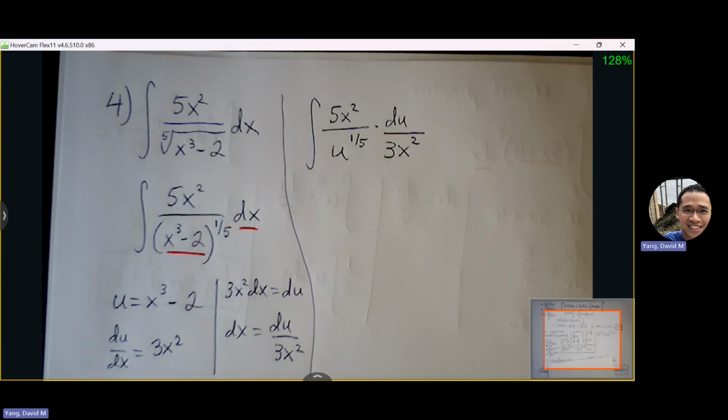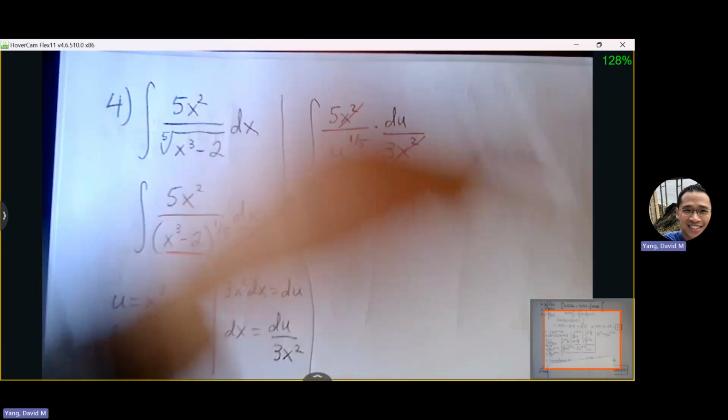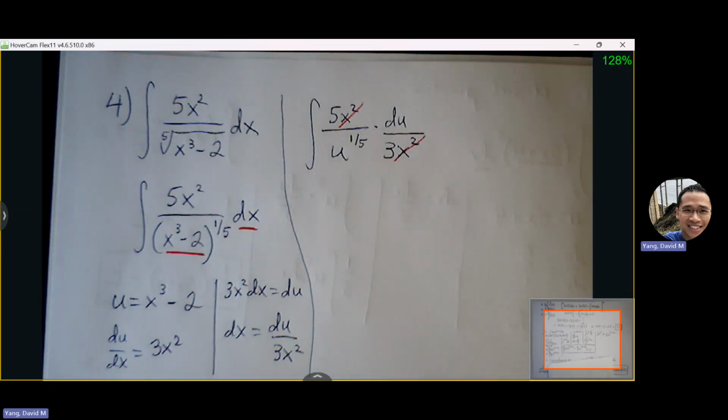The x squared cancels out nicely. There's a 5/3 that we can push out in front.